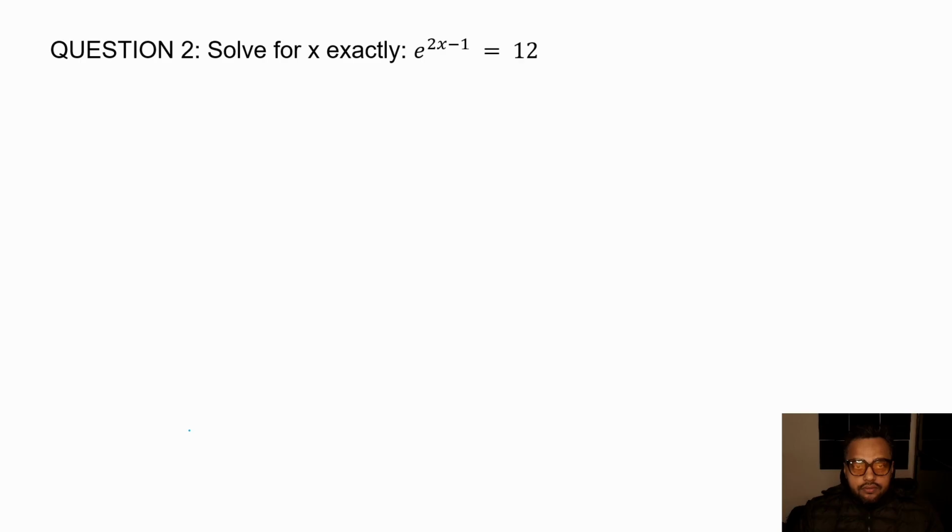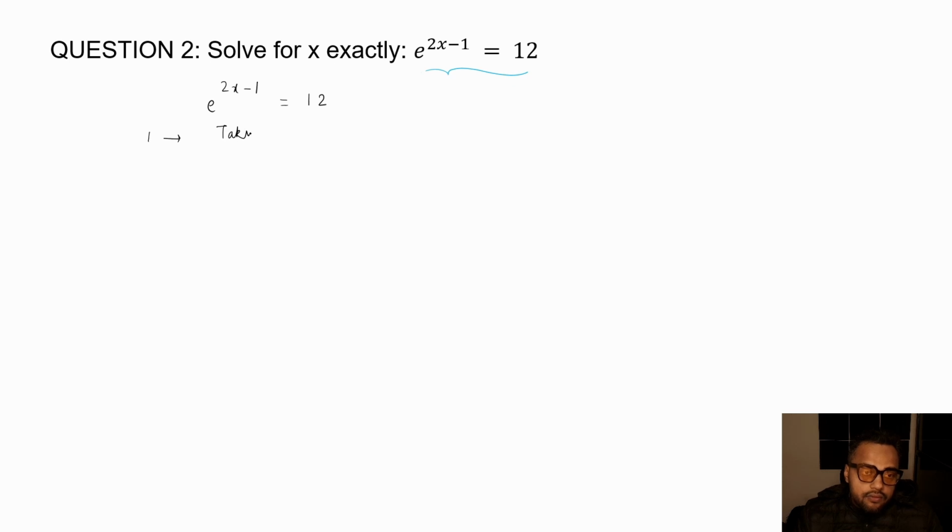Now I've taken certain questions for you. Let's see: e raised to the power 2x negative 1 equals 12. So we are given e raised to the power 2x minus 1 equals 12. What we can do here, the first step, student, is to take the log on both sides.